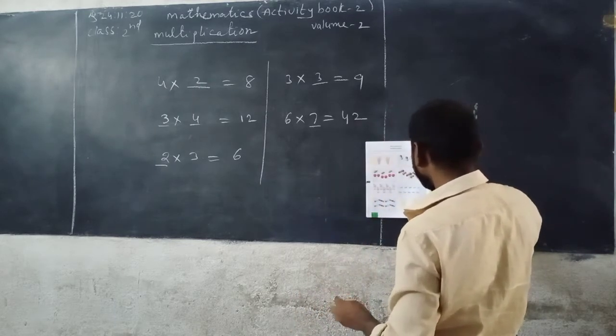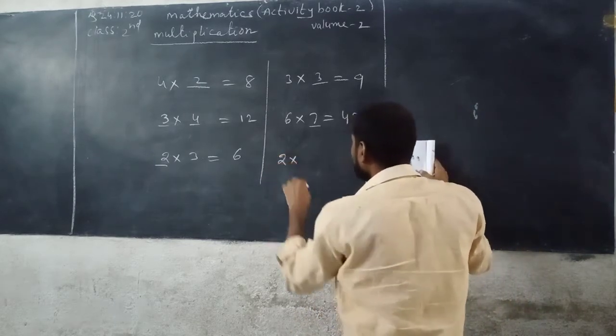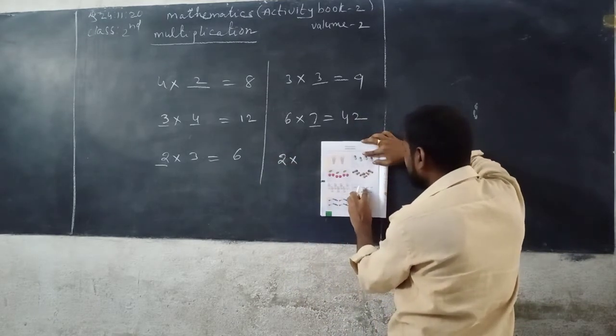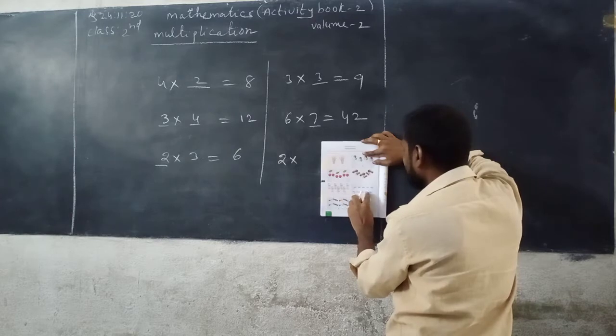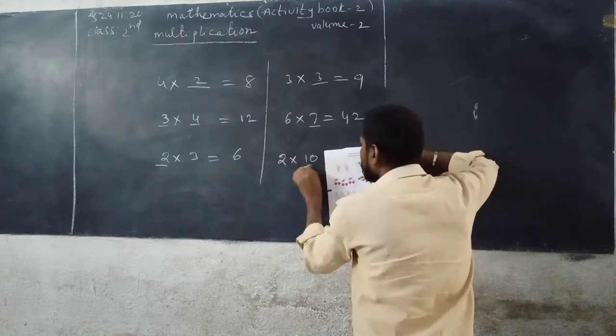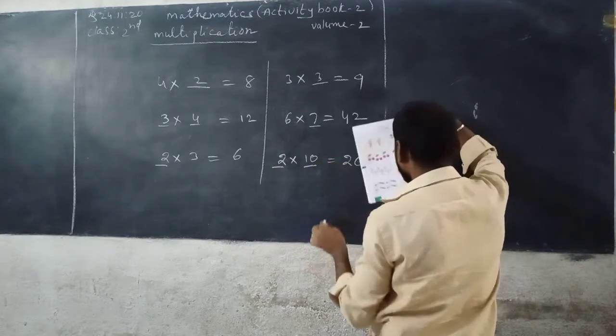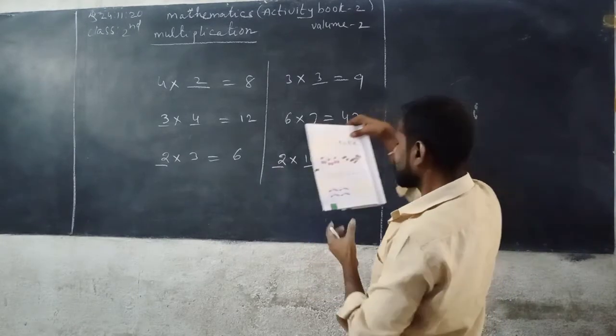How many times repeated? 1 2 3 4 5 6 7 8 9 10 times. So we get 2 tens are 20.